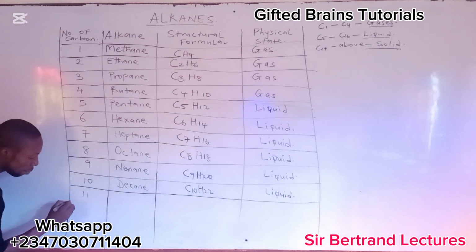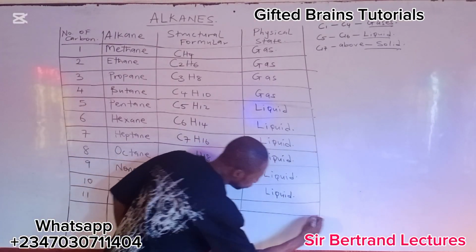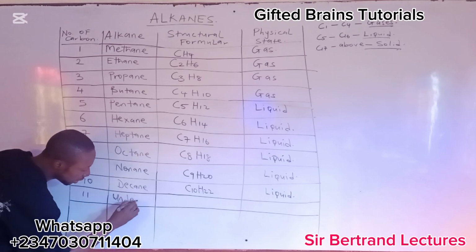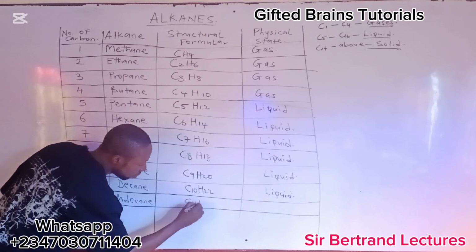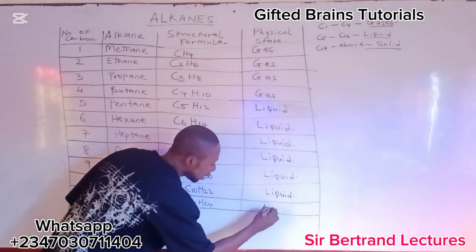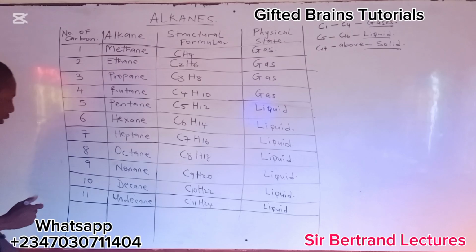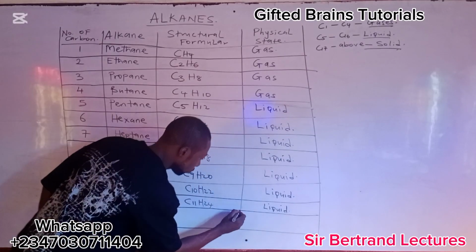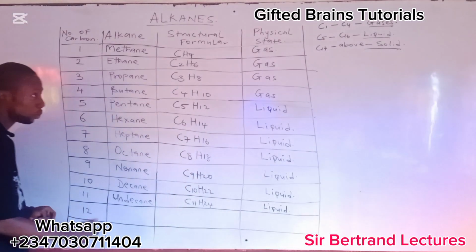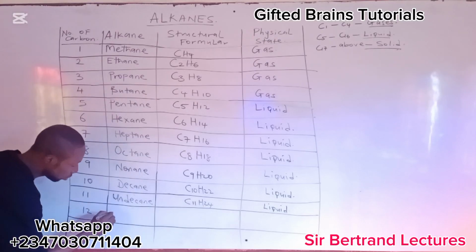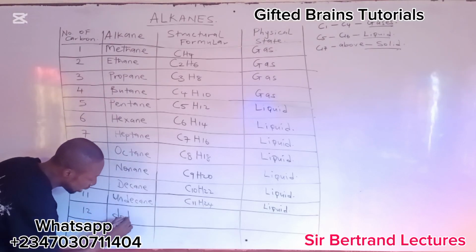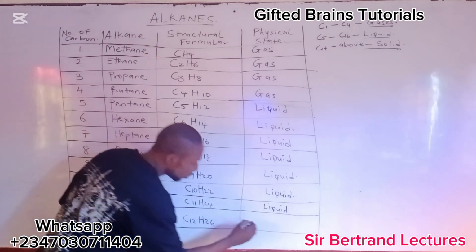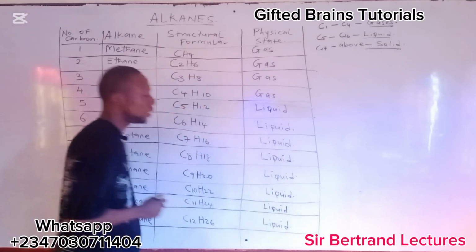Now, 11 carbon atoms, that is undecane, C11H24, and that is liquid in its physical state. 12 carbon atoms, I will stop here because of space, but I will complete the name at the other side, is dodecane, that is C12H26, and that is liquid in its physical state.